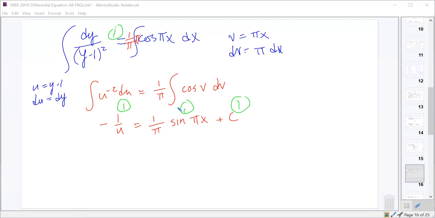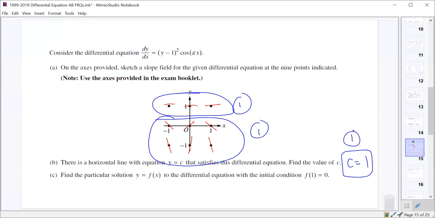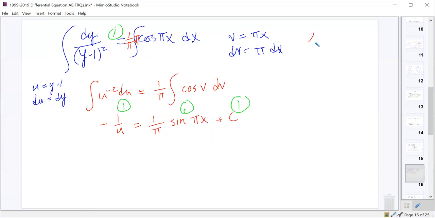What was the initial condition that they gave you? x is 1, y is 0. So when x is 1, oh, I should have changed that into a u, out of my u. This is negative 1 over u, which is negative 1 over y minus 1. So when x is 1, we've got 1 over pi times the sine of pi. Sine of pi is 0. So 1 over pi times 0 is 0.